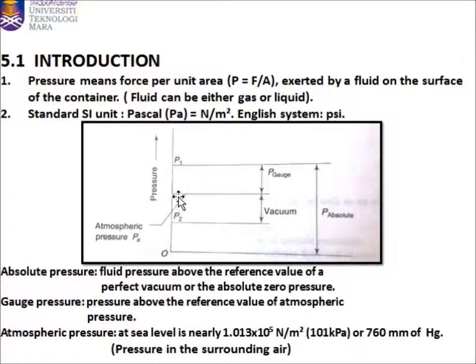So P ATM here. Okay, so P gauge is pressure above the reference value of P ATM. And what is P ATM? At sea level it is nearly 101 kPa or 760 mm of mercury. Pressure in the surrounding air.